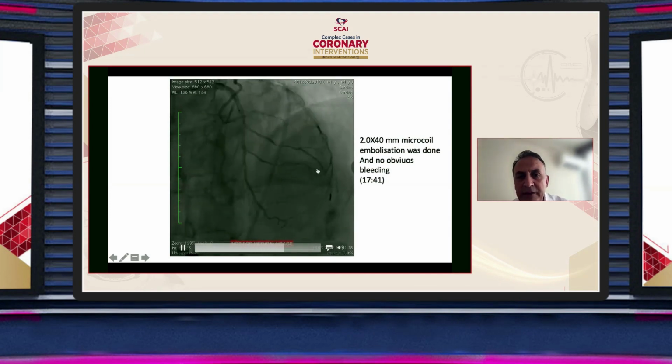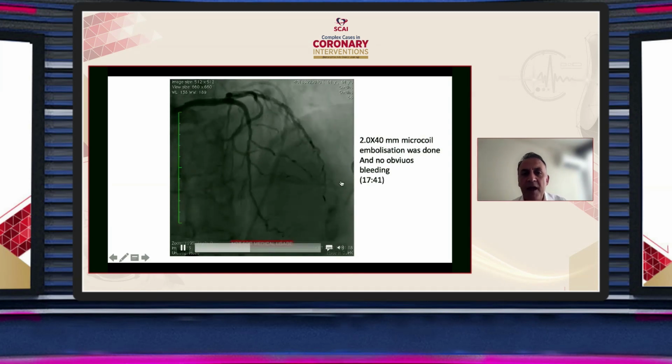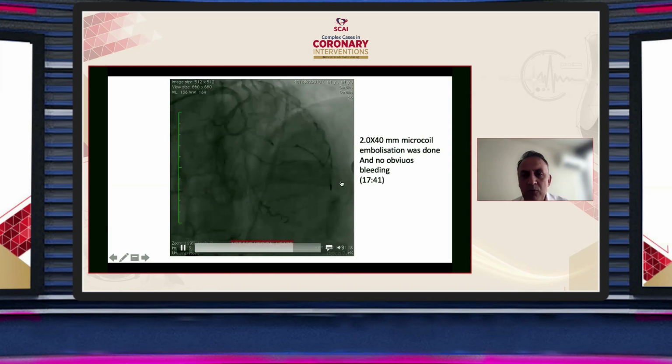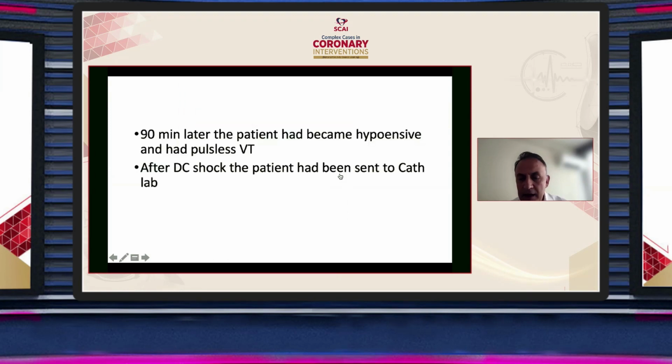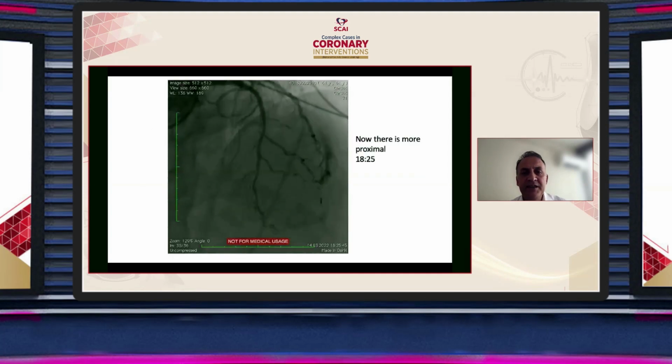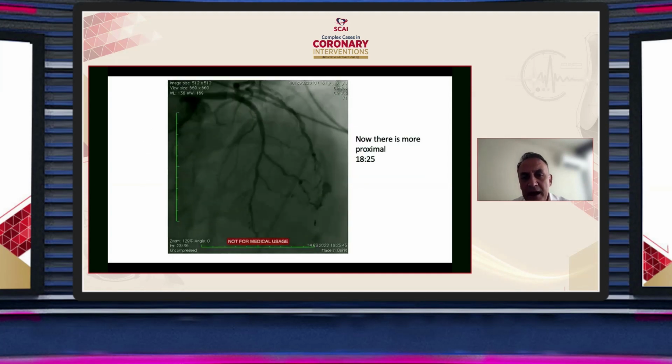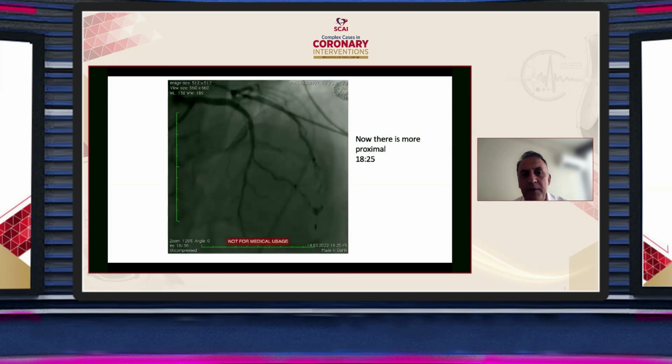But please look here. There is some kind of endocardial damage here. They were very happy with the result. There was no more bleeding, and they sent the patient to surgery. After a while, the patient, please look here, and after 90 minutes, had a pulseless VT, and they did CPR, and now they have a proximal perforation.